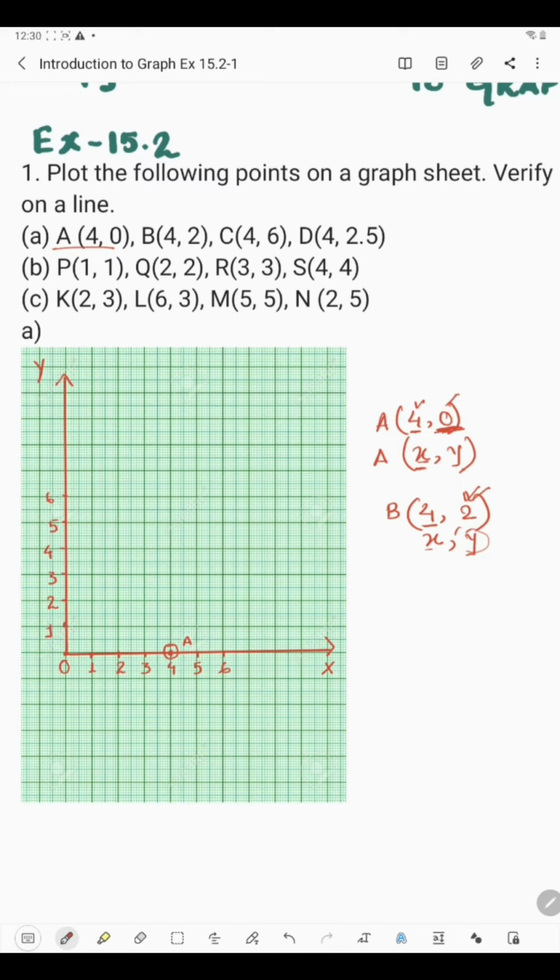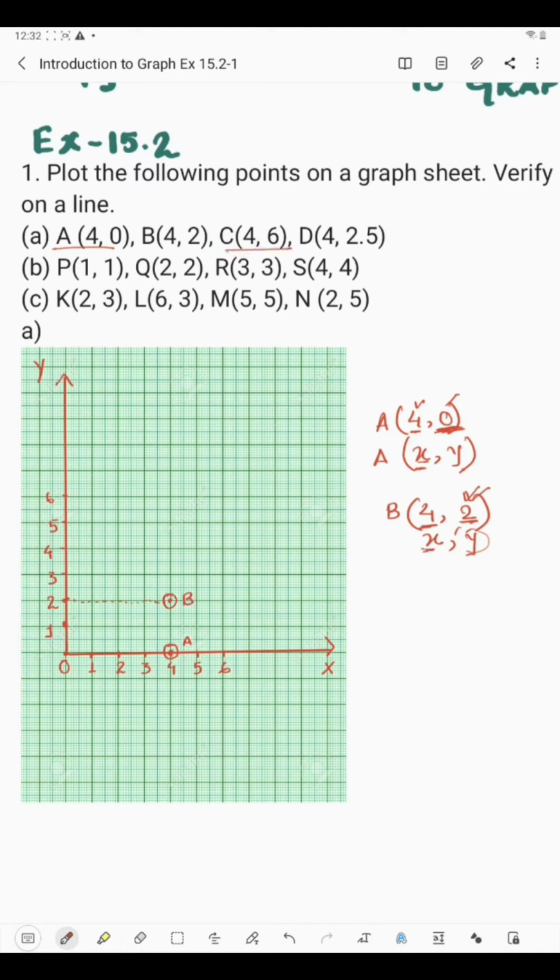The value of y should be put on the y-axis and the value of x should be put on the x-axis. Since the value of x is 4, so 1, 2, 3, 4 here, and the value of y is 2, so here is 1 and here is 2. That means it will be here, and we'll give the name as B.